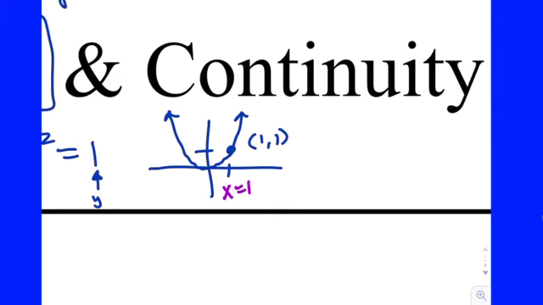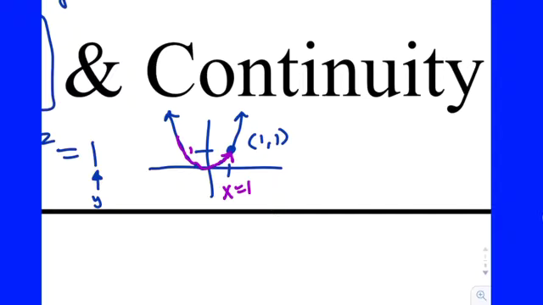I'm going to approach it from the left first. So I'm going to hop on this graph to the left of x equals 1, and I'm going to start driving towards x equals 1 on this road that is the graph. And as I get closer and closer to x equals 1, what y value am I getting closer and closer to? I'm getting closer and closer to 1, right?